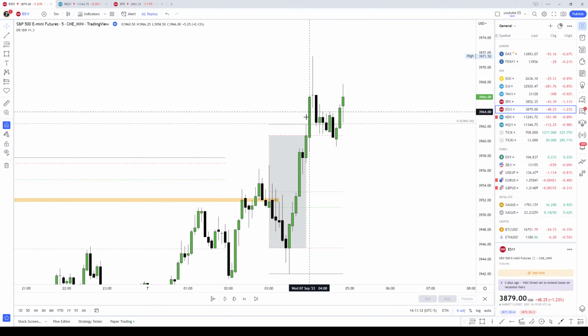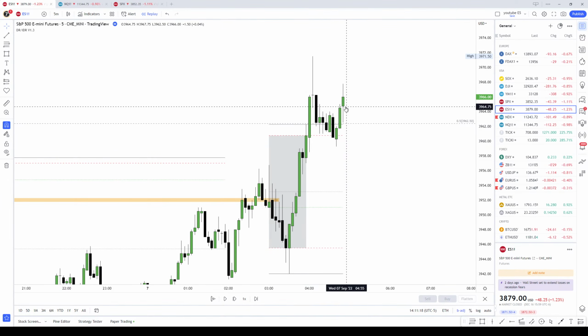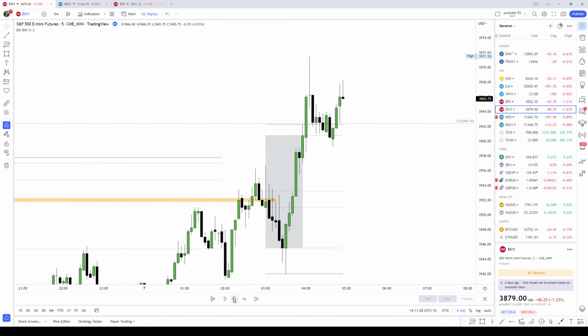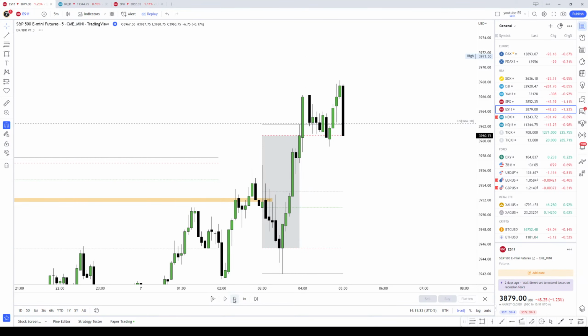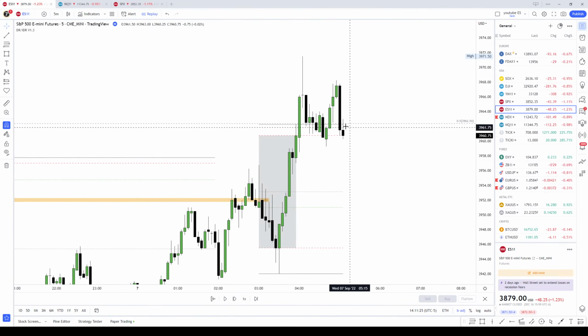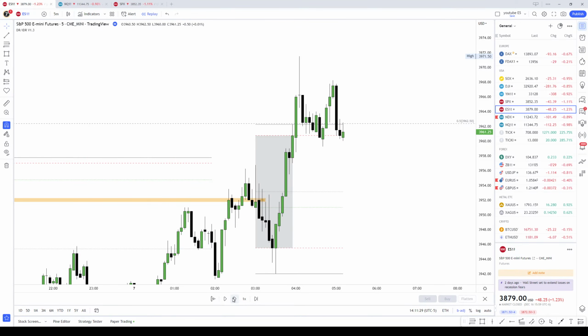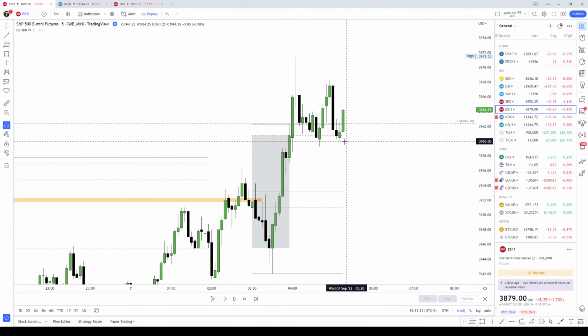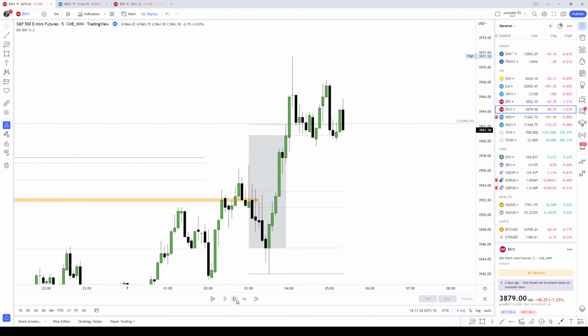I don't see clear rejections over here. You could say clear rejection from this level, but even there I don't like it because it's going down, going up, going down. Let's see if we get a better one. So here little rejection, but the next candle, same game. Closing below, going up again. Nothing clear for me right now.